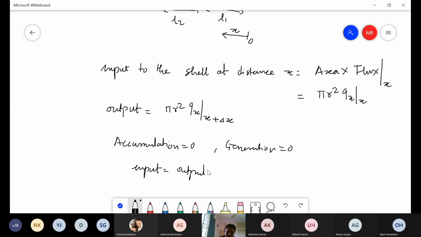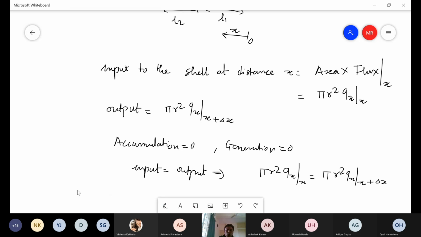Correct? So based on this, what we can write down is pi r square Qx at X should be equal to pi r square Qx at X plus delta X, isn't it? We can rearrange this equation.